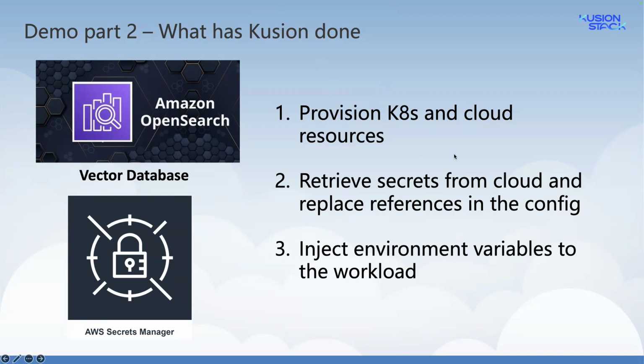The second step is that Kusion will retrieve the secrets from the cloud, as I mentioned before, and replace the reference with the config. And the third step is Kusion will inject the environment variables to the workload.